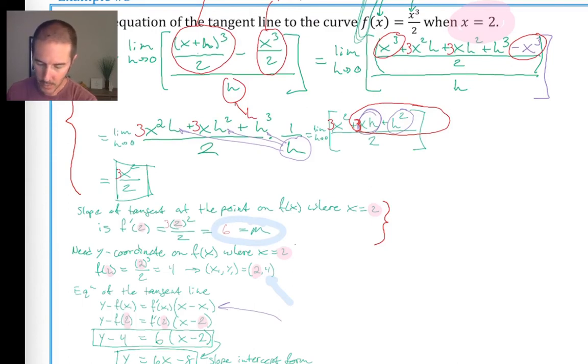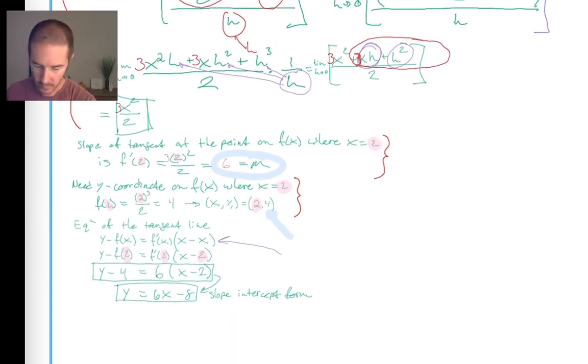The next two lines were using the x value of 2 and the original function to find the corresponding y coordinate. And then the last part of the process, these last 5 lines, were the actual creation of the equation of the tangent line. You've got your work cut out for you on these, all right? This is a very typical and traditional problem.